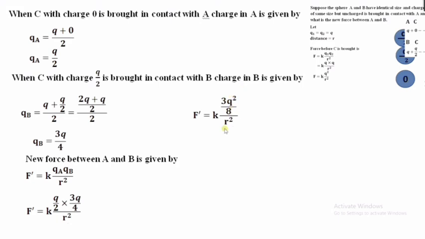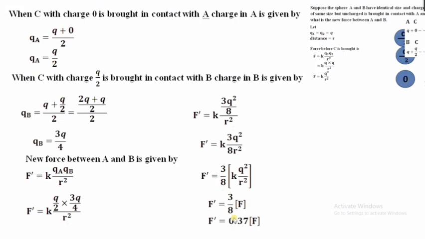Now you can take this 8 down and this 3 in front. Now if you see, kq square by r square was the initial force before bringing the charge C. So instead of this you can write F, the old force between the two spheres. Now you can see the new force is 3/8 of the old force, or the new force will be 0.375 times the old force. So the force got reduced.